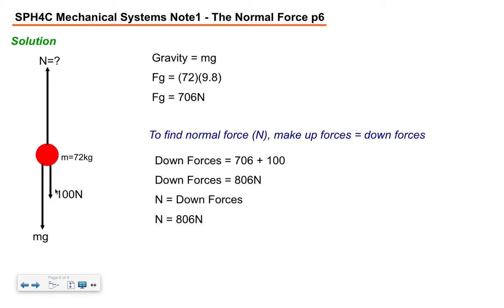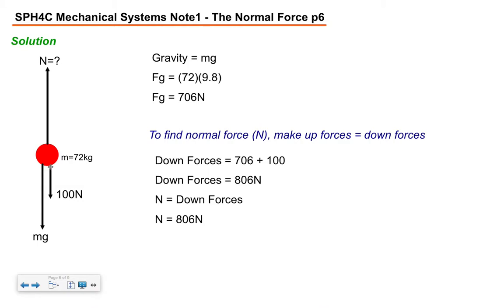So that's the downward force. The normal force has to be equal and opposite to that. We know the gravity is 72 times 9.8, so there's the gravity force. And the idea with finding normal force is it's just the force that makes the up forces and down forces equal to each other.